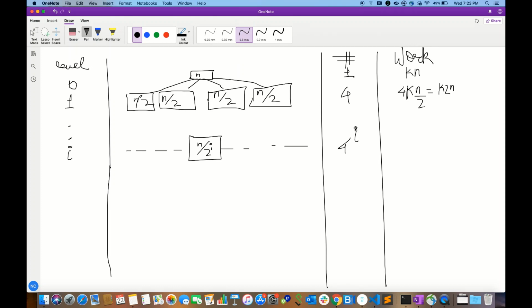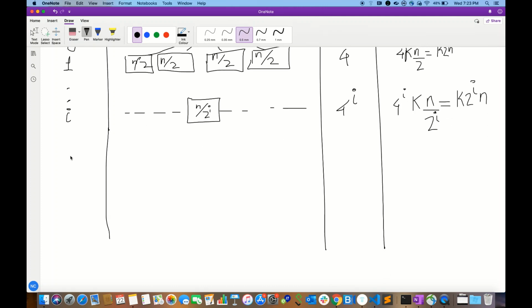The work to be done here is 4 to the power i times k times n by 2 to the power i, and now as we see it will get reduced to k times 2 to the power i times n.